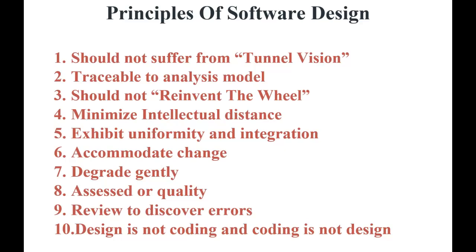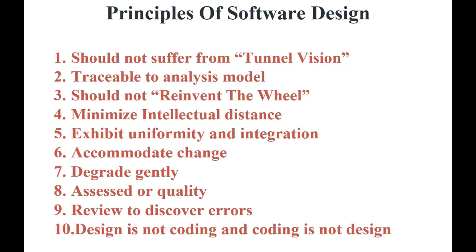Now the sixth point is accommodate changes. It means the software should be designed in such a way that it accommodates changes, adjusting to the changes required as per the user's need. And the seventh one is degrade gently.